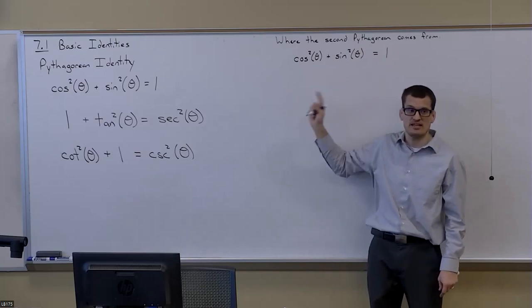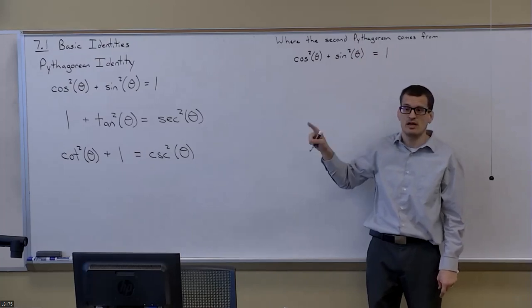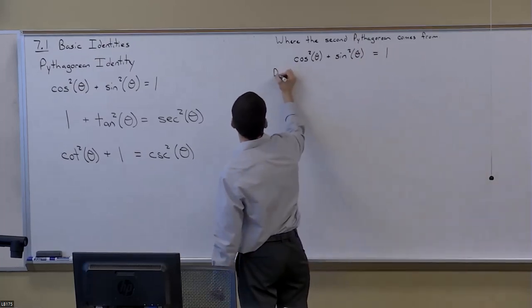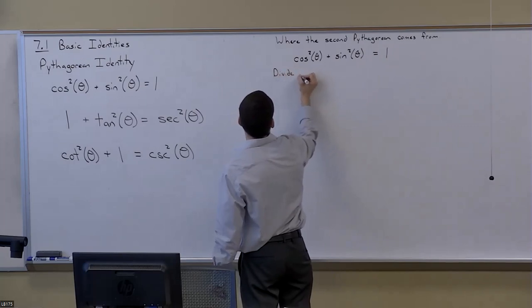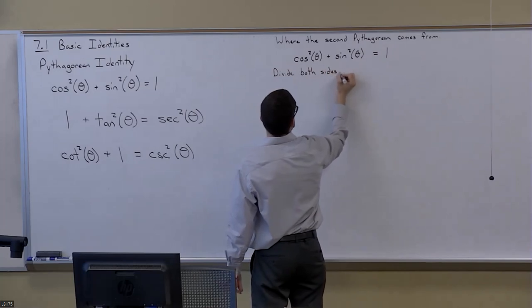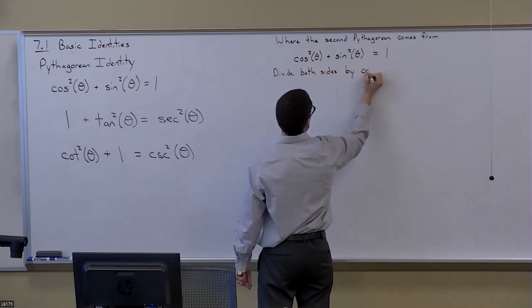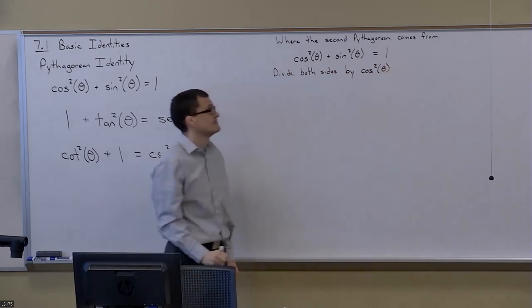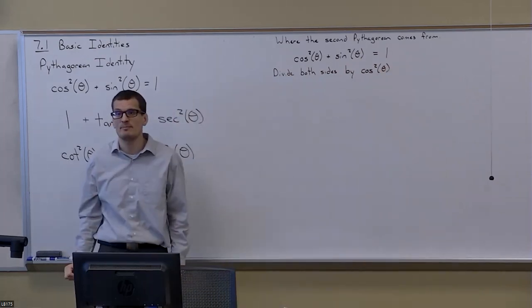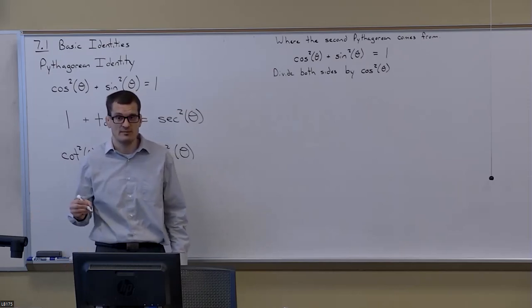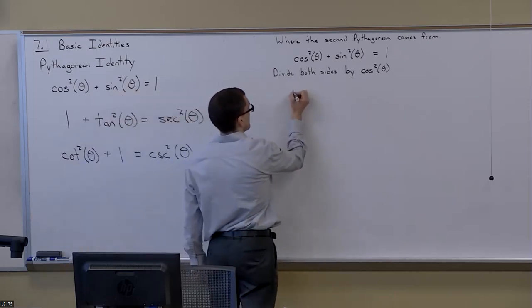I take the basic identities that I know and apply them to this equation after I divide both sides by cosine squared of theta. So I take my basic Pythagorean identity and divide both sides by cosine squared.